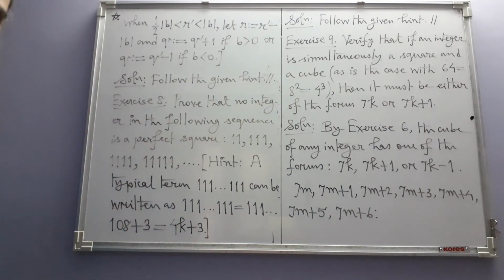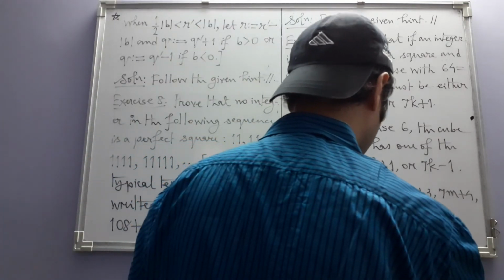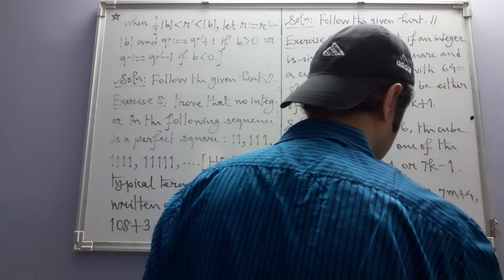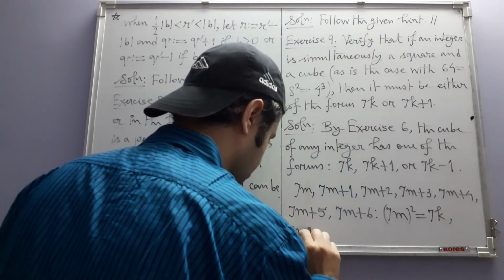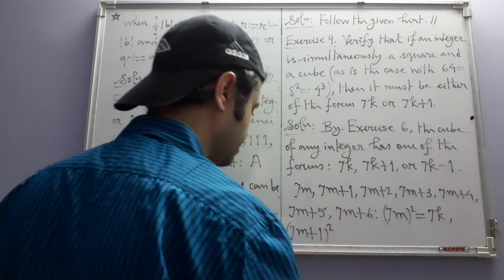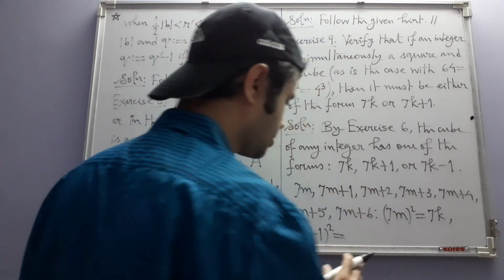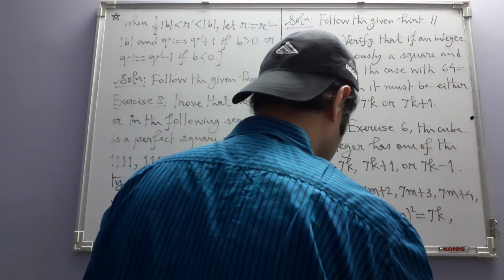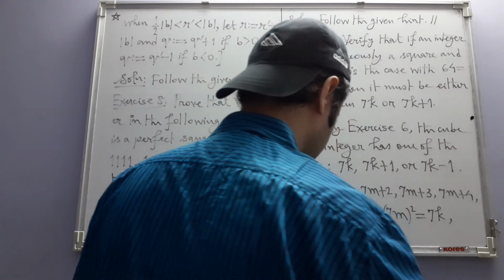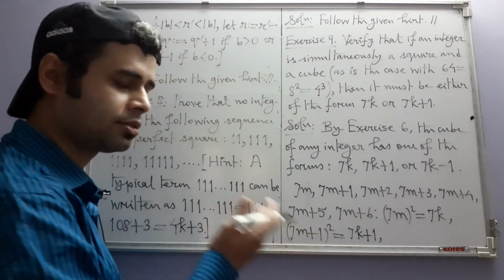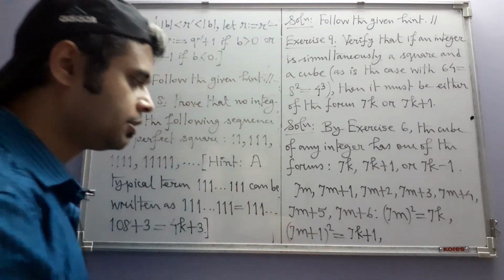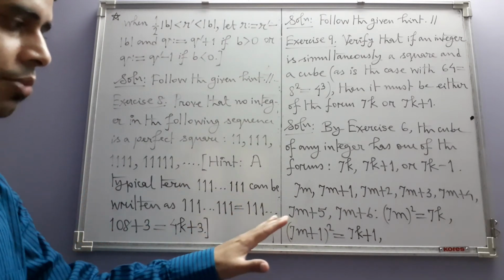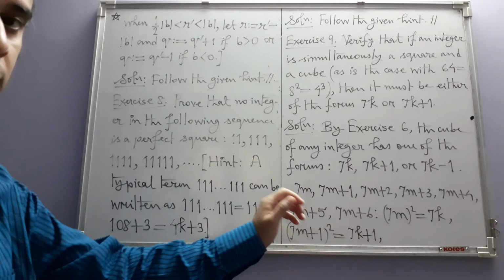So for all these forms we are going to calculate squares. 7m squared is of the form 7k, 7m plus 1, and in carrying out these calculations again we are suppressing the actual amount of calculation and writing the final form. But at the same time being careful that whatever we are writing, it makes sense. I urge you to actually calculate these powers. Expand them and then make sure that the ultimate form is really this.